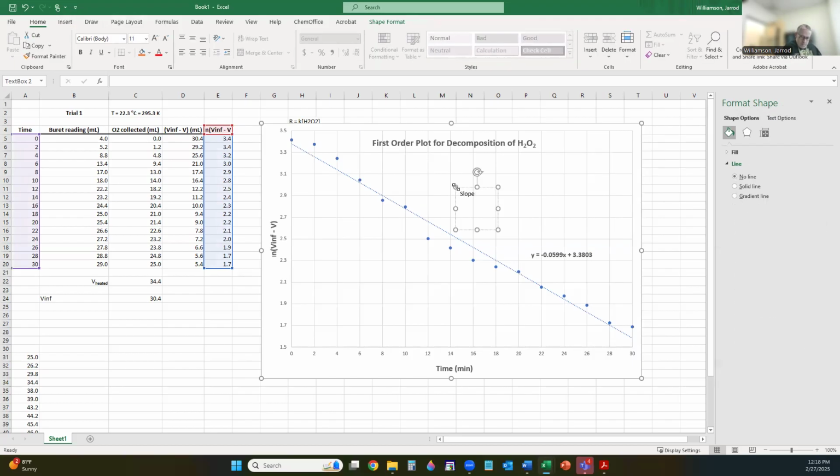Slope equals negative 0.0. I'll round it to 60. And the units are natural log of anything is unitless, and it's going to be 1 over minutes.